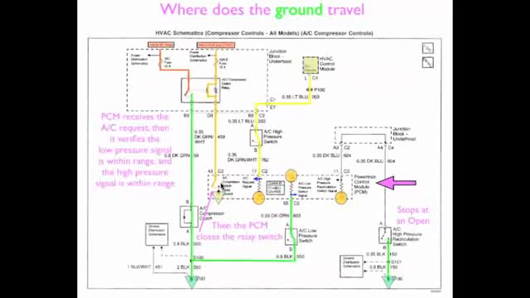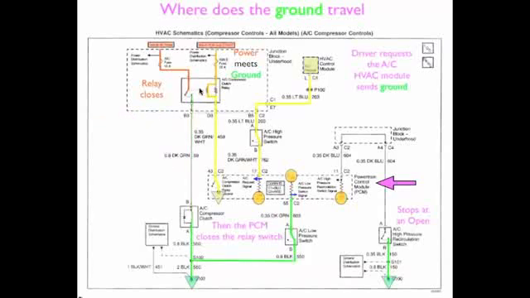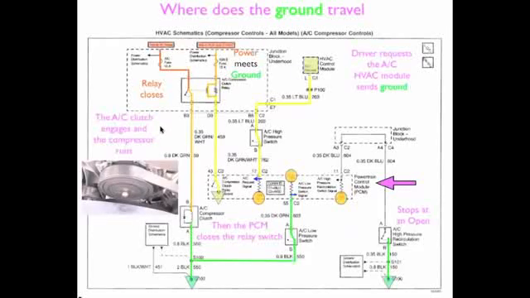So this switch is going to close, ground is going to travel up to the load. This is going to energize, become an electromagnet, and close the relay. Once the relay closes, power is going to become switched power and find ground. The AC clutch is going to engage, and the compressor will run.